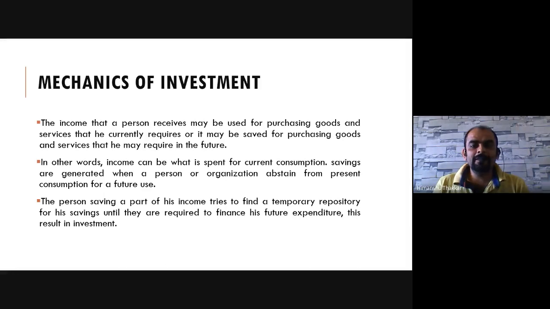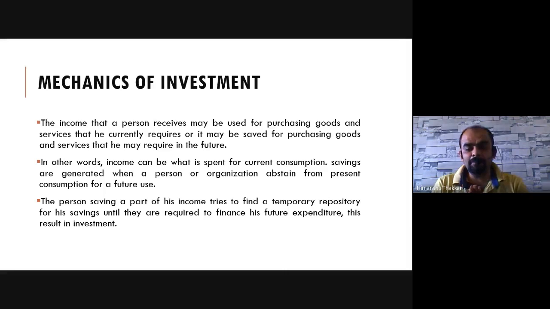So in other words, income can be what is spent for current consumption. Savings are generated when a person or organization abstains from the present consumption for future use. So what is savings?